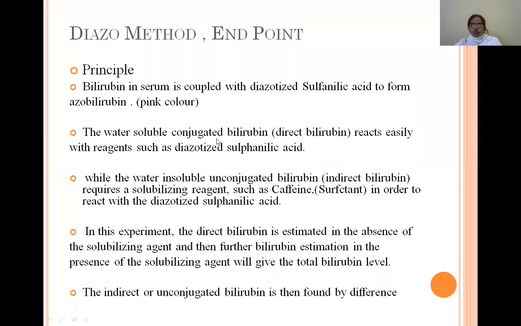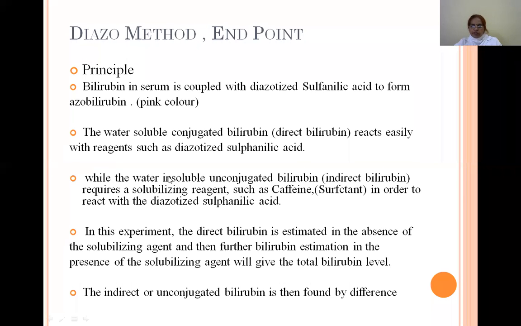The water soluble conjugated bilirubin reacts easily with reagents such as diazotized sulfonic acid. The water insoluble unconjugated bilirubin is indirect bilirubin.